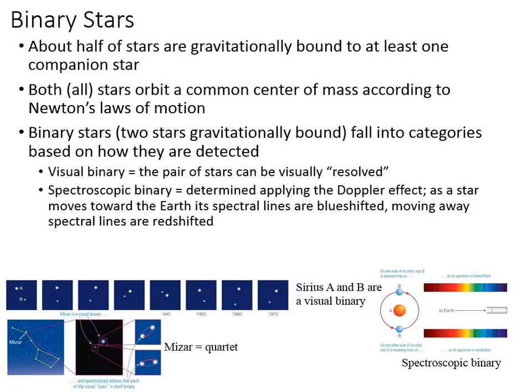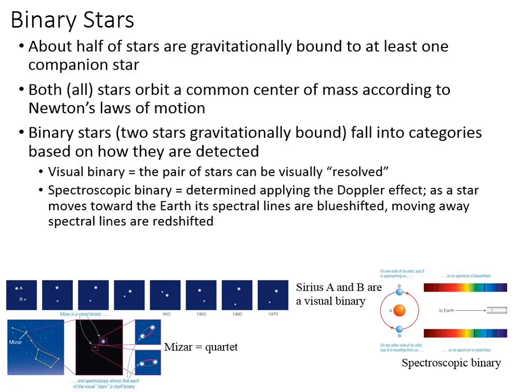Basically, you can't tell that there's two there, but you're creating your spectra, and you see the star wiggle, and it's wiggling because there's another star there.